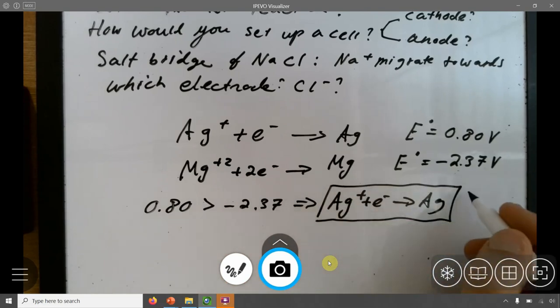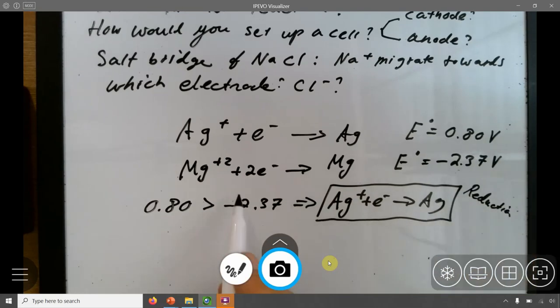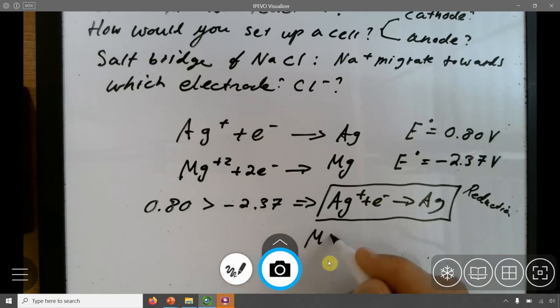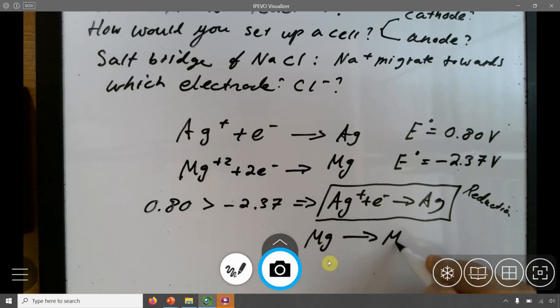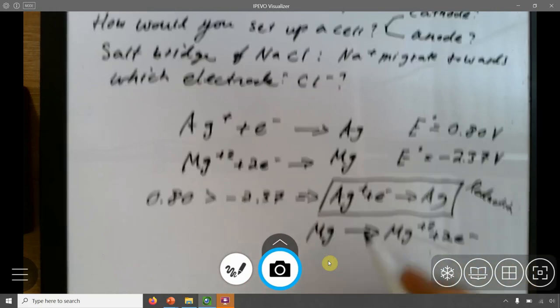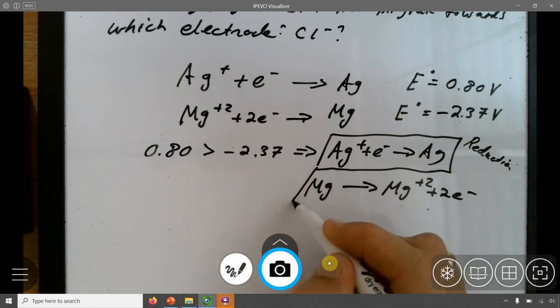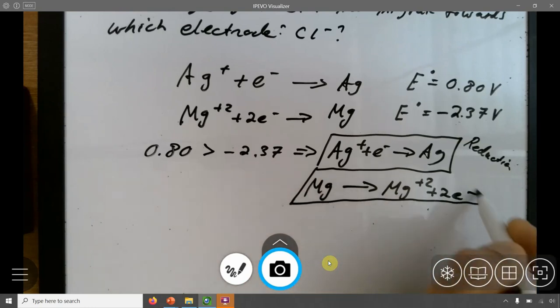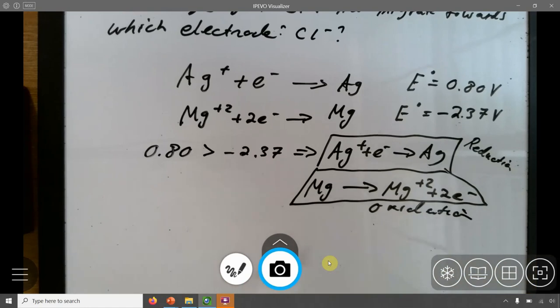So this is going to be the one that's reduced. And it means that the reverse of this is what would occur with magnesium. So I would get magnesium going into magnesium plus 2 electrons this way, right? And so this would be my oxidation.